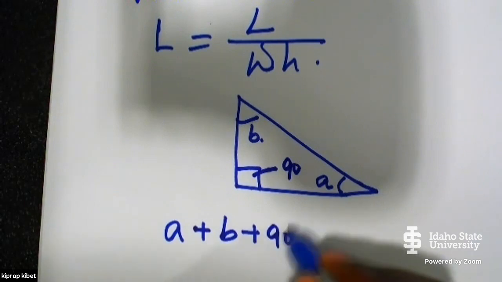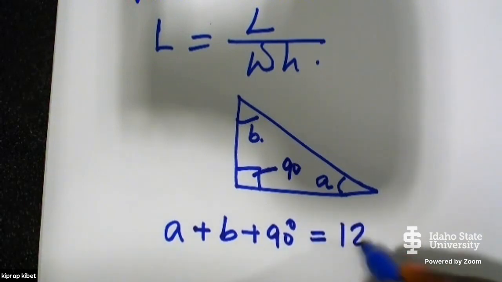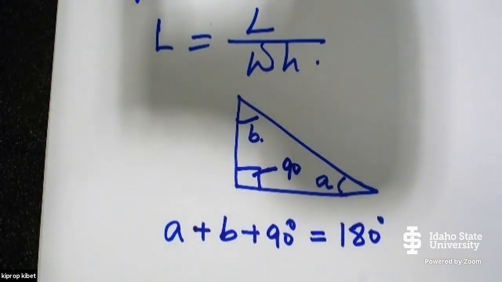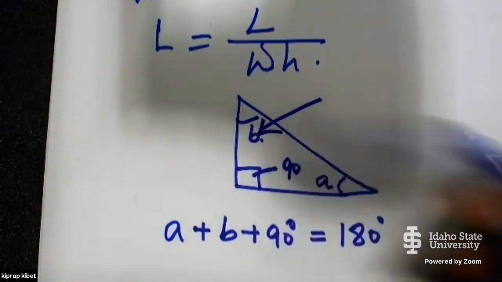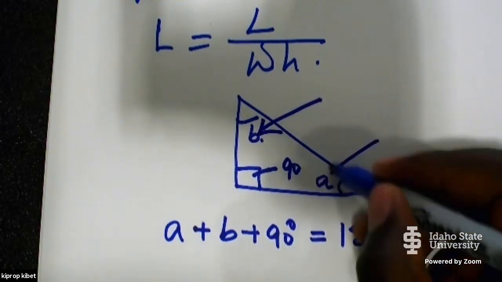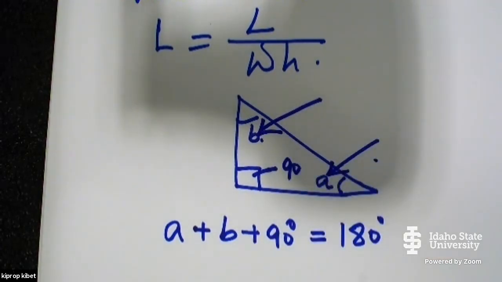Plus 90 degrees equals to what? 180 degrees. So you can be told to find this value of B or to find the value of A.